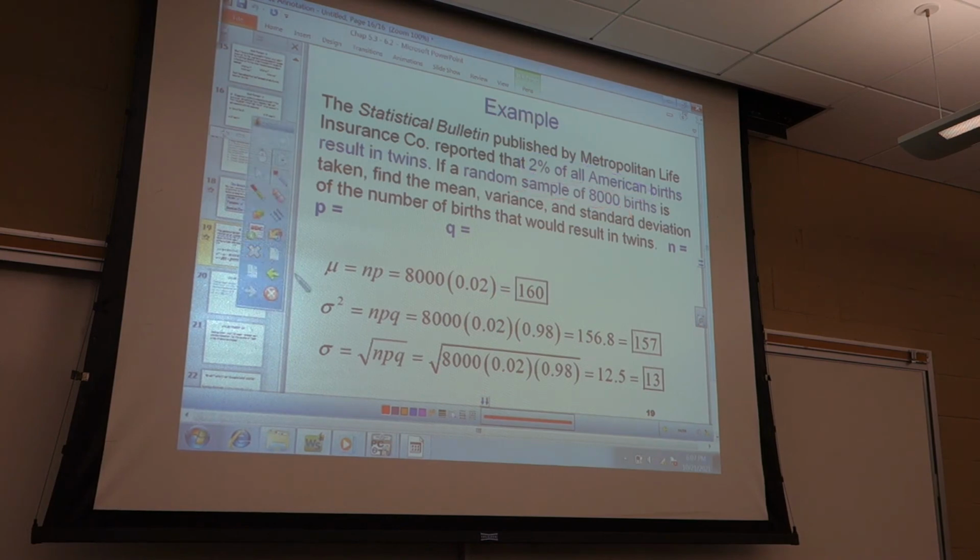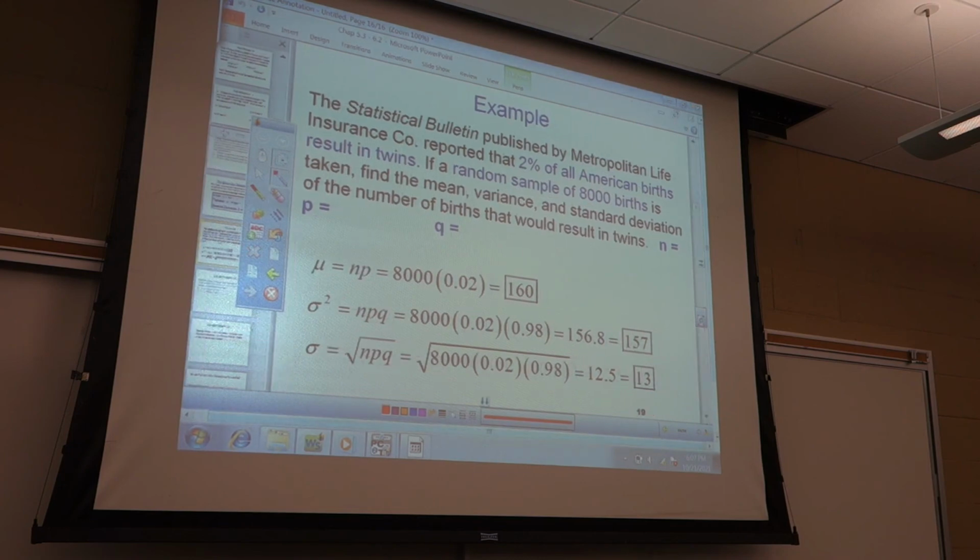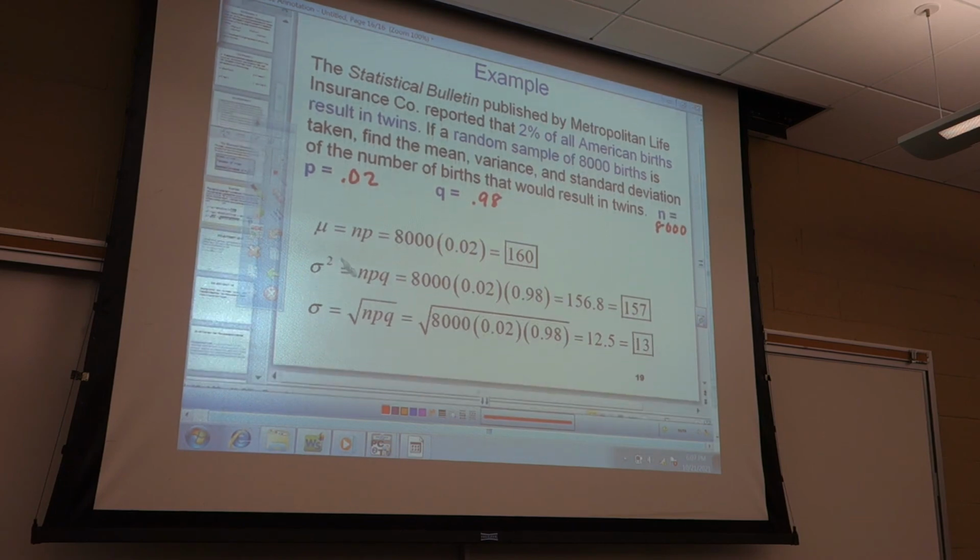So what's my n again? 8,000. What's my little p? 2%, 2 cents, 0.02, which means my little q is going to be 0.98. Change from $1, 2 cents, change would be 98 cents. Okay, so then my np is going to be 8,000 times 0.02, right, n times p, and I get 160.